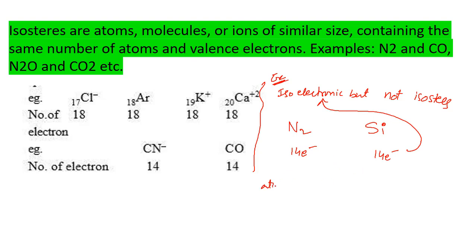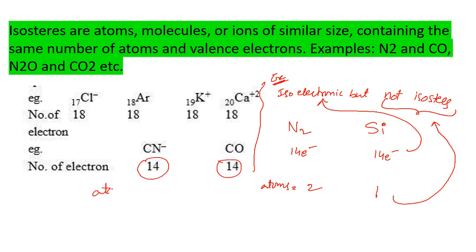But the number of atoms here is 2, here 1. Therefore not isosters. Okay, for isosters what should be? See here, 14 electrons. Atoms should be the same. Atoms here also 2, here also 2. Therefore these both are isosters.